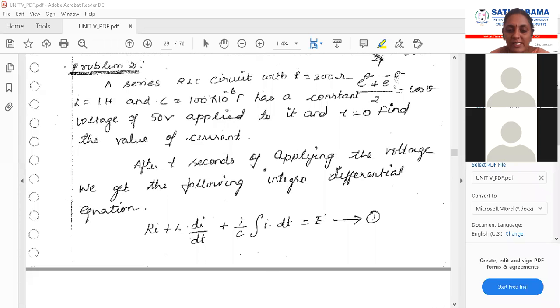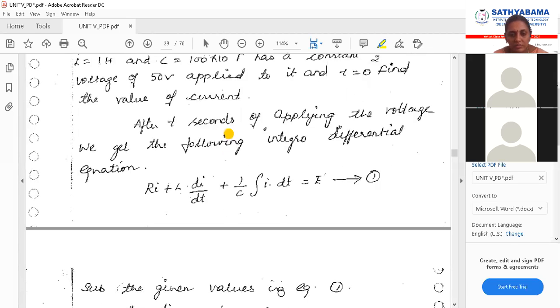Or shall I proceed with the next problem? Is this clear? Became very tired as it is the last hour. The count of the students is going on decreasing.